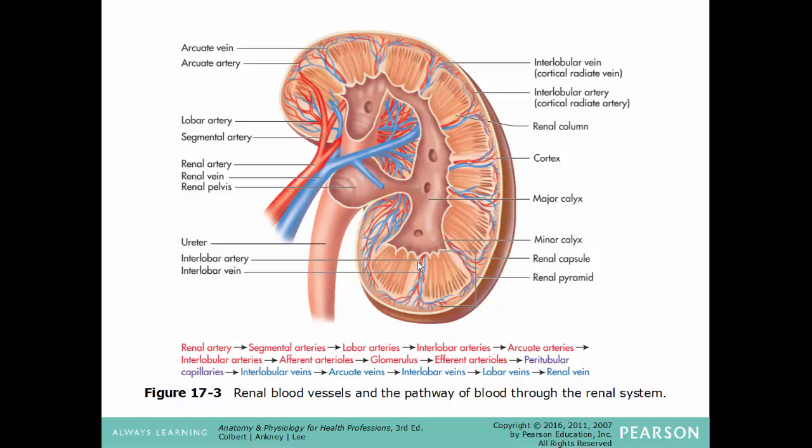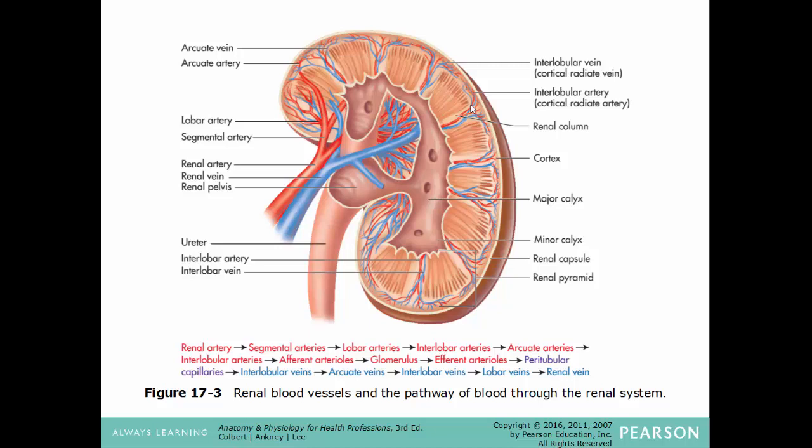After that, you have arcuate arteries, which arc around pyramids, such as right here. Then you have interlobular arteries, this is here. And these will lead to the afferent arterioles. It's here where the blood will enter the glomerulus. That's the main functional, or main filtering unit of the nephron, which we'll talk about in more detail in a few minutes.